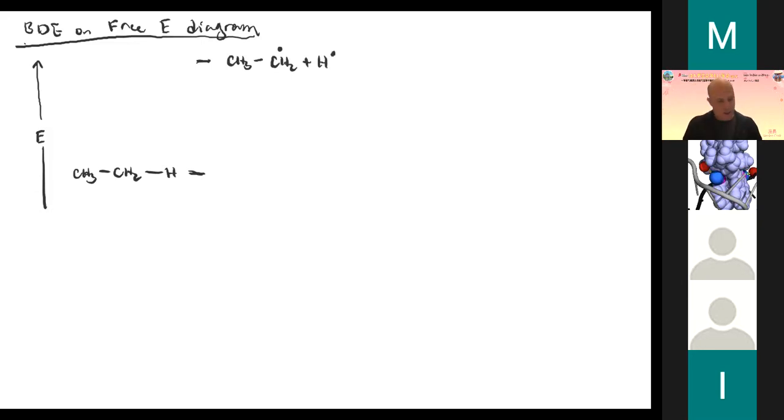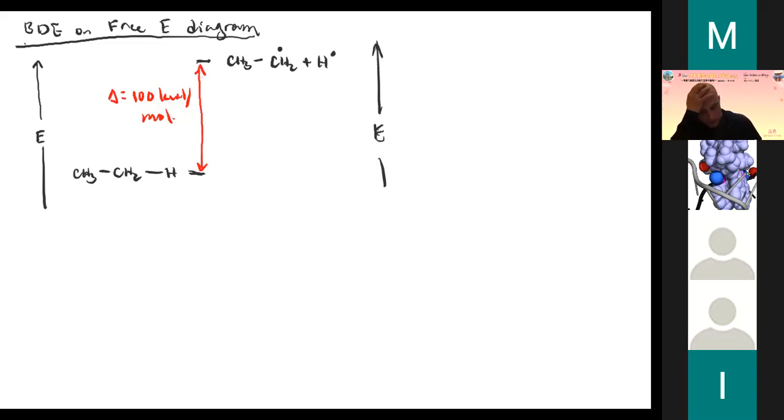I can place ethane and the corresponding ethyl radical and H dot on the diagram. The delta here is going to be 100 kcals per mole. So I would need to put 100 kcals per mole of energy into the system to cleave one of those bonds.